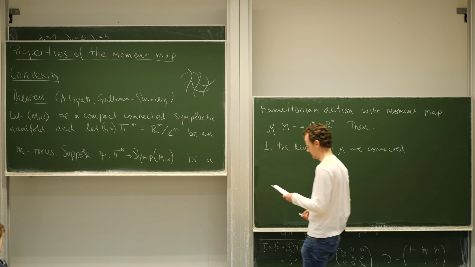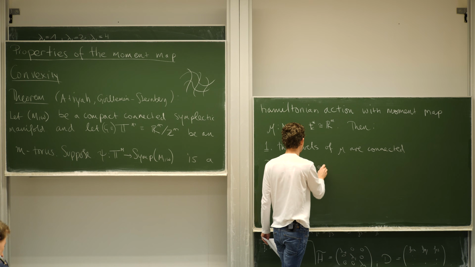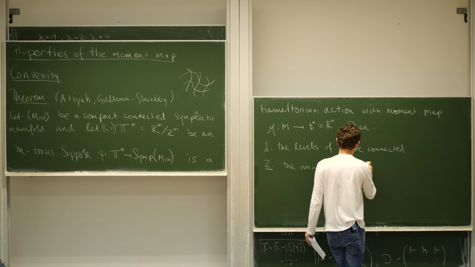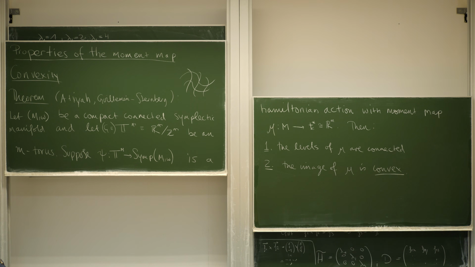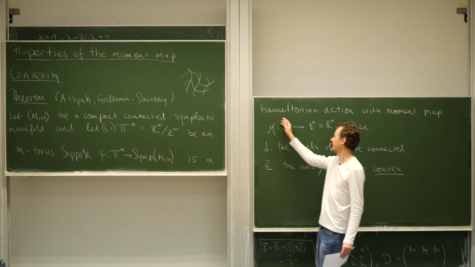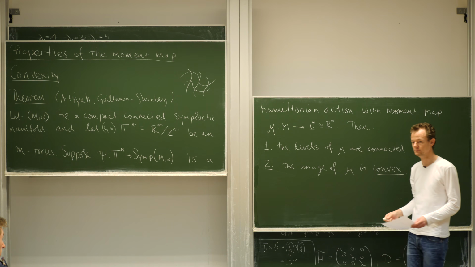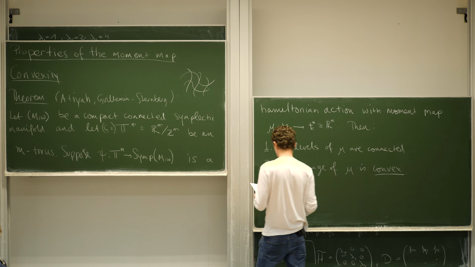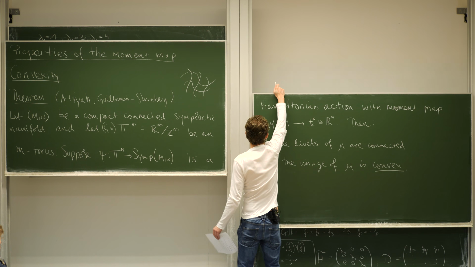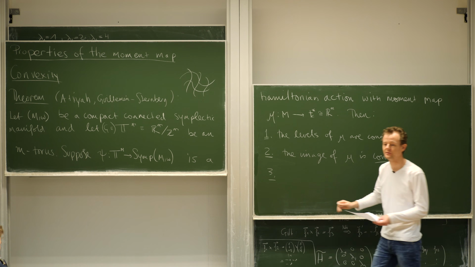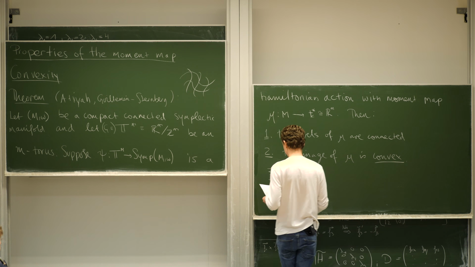The second observation we make is very striking. Namely, that the image of this manifold M, no matter how crazy that manifold is, the image under mu is convex. And furthermore, even more striking than that, is that this is not just any convex set, but it's the convex hull of a bunch of fixed points of the action.